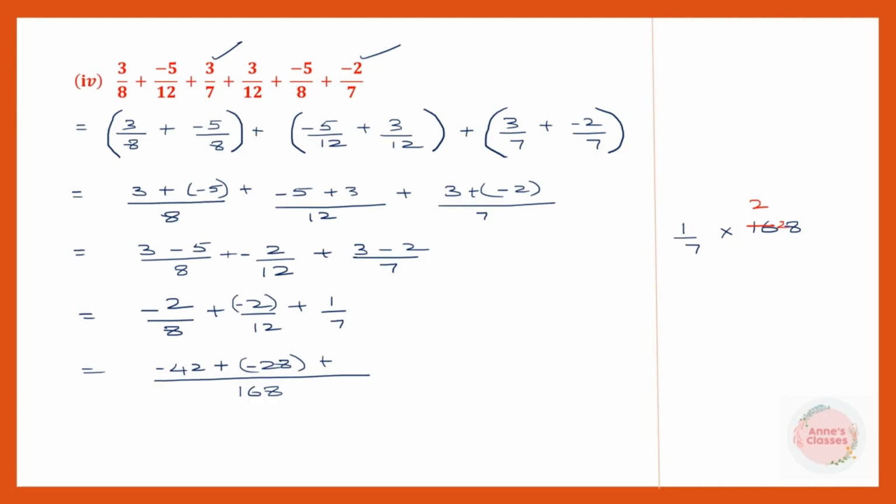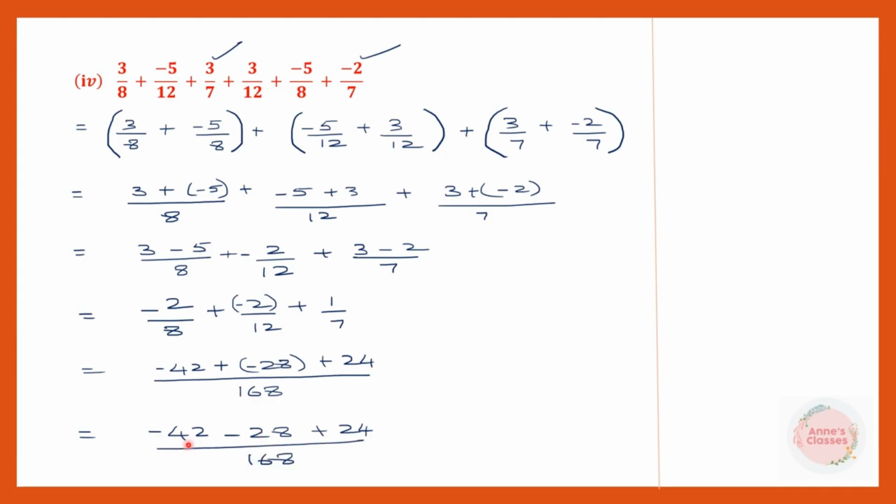Now the number is 28 and 7 4s are 28. That means 1 into 24 is 24. So let's write that here. This is 24. Now let's remove the brackets. So this is minus 42 minus 28 plus 24 by 168. So now we need to work this out.